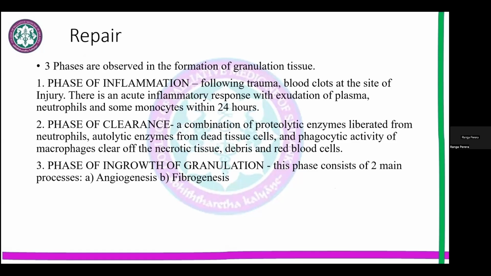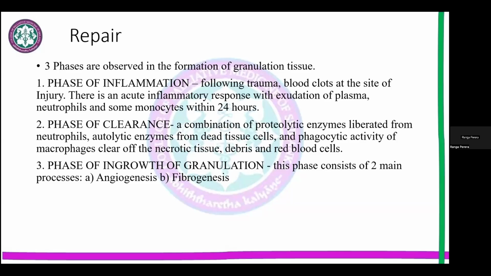One is formation of granulation tissue. The first phase is called inflammation. Immediately following trauma, there will be a blood clot at the site of the injury, and the acute inflammatory response will be there, and exudation of plasma, neutrophils and monocytes will appear in that place within 24 hours.